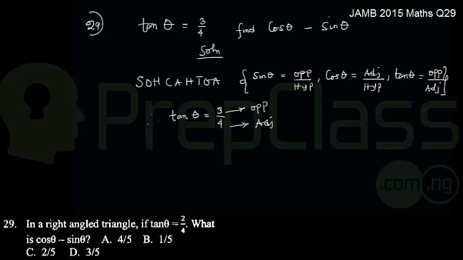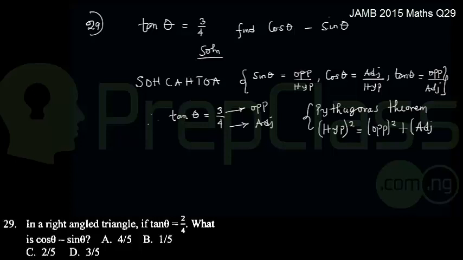But we do recall Pythagoras' theorem, which states that the square of the hypotenuse will be equal to the sum of the squares of the opposite and adjacent.